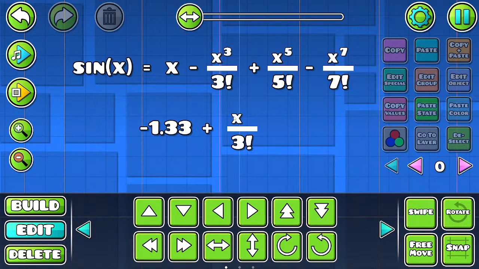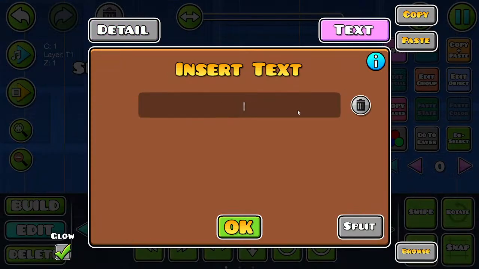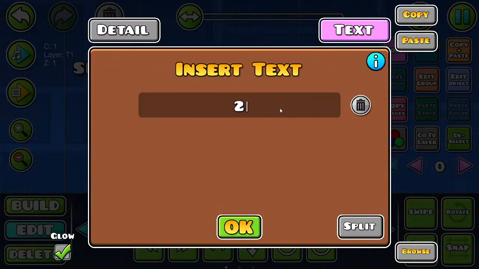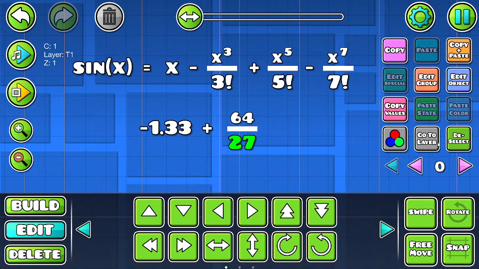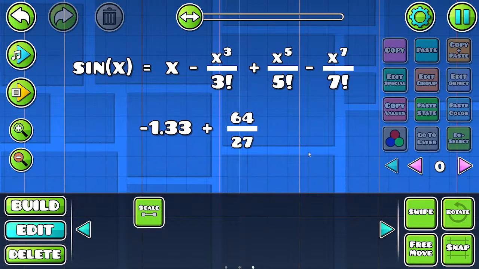Okay, so 64 over 27. Also, I just realized that my text is in a different size with an 8. And then I have to divide by 3 factorial, which is 6.